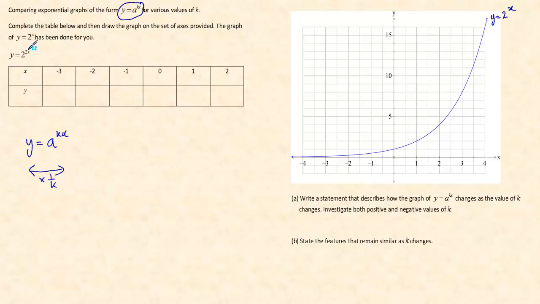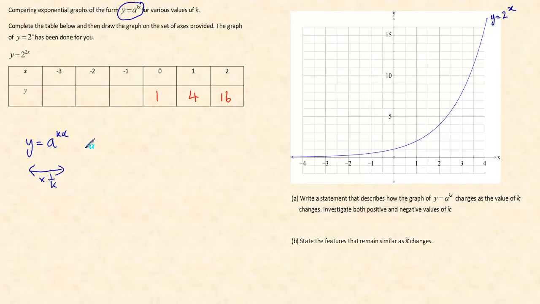Well, when x is 0, this is still going to be 2 to the 0, which is 1. When x is 1, we get 2 to the power 2, which is 4. When x is 2, that's going to be 2 to the 4, which is 16.